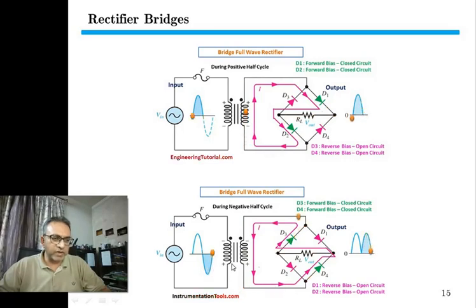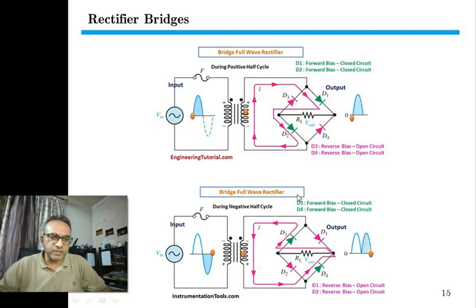So what will happen on the secondary is that this dot, again representing the conventional current, will now flow in the opposite direction, through D4, through the load, through D3, and return to the transformer.